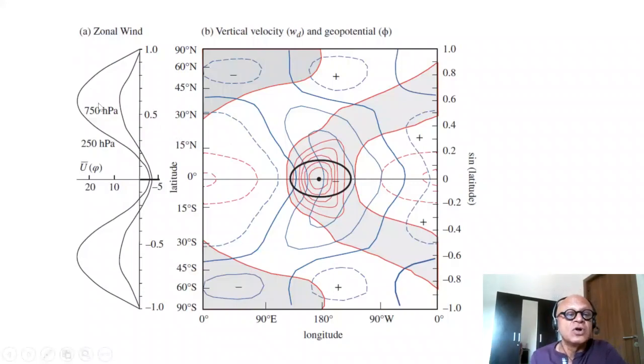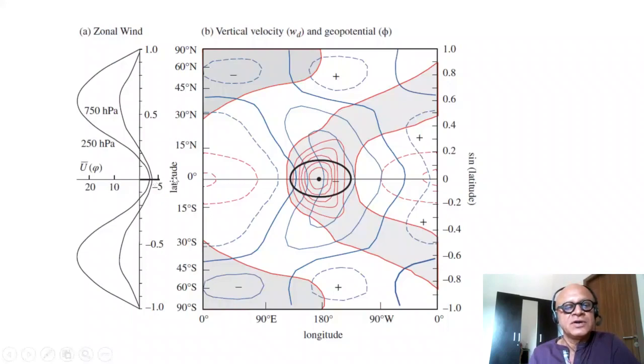Okay, so looking at zonal winds at the upper level, 250 hectopascal and 750 hectopascal, looking at the easterlies and the westerlies in the upper levels. So you have westerlies in both lower and upper levels here, and easterlies in both upper and lower levels here.